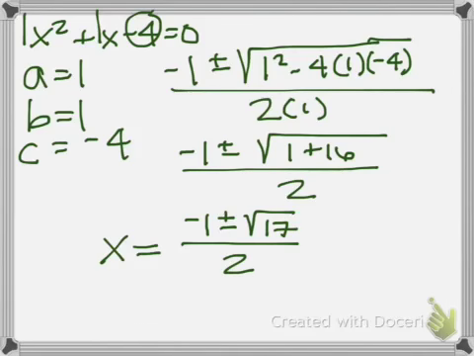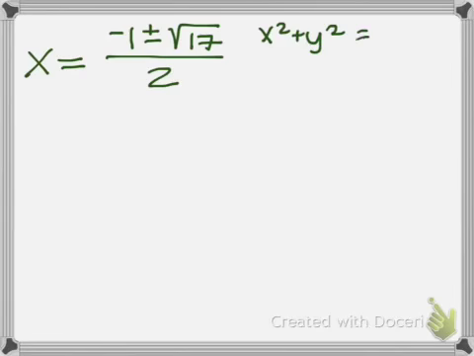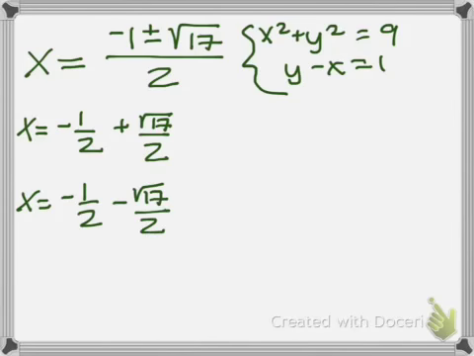So we get -1 plus or minus the square root of 17 over 2. We're not quite done. So this is just the x's. So now we have to figure out what the y's are going to be. Again, those are your original equations. We know x is either -1 plus square root of 17 over 2 or -1 minus square root of 17 over 2. So I went ahead and split those two up so you can see your two x's.